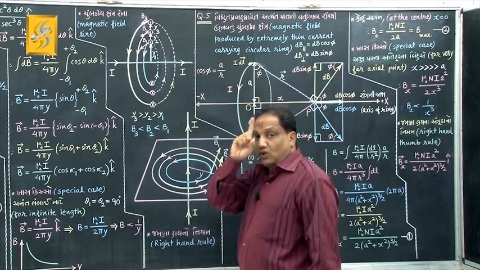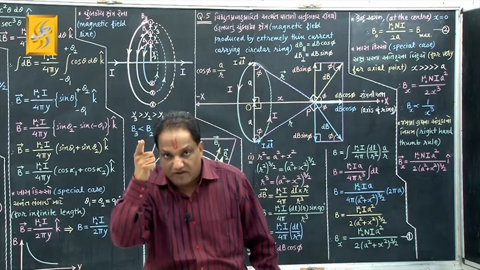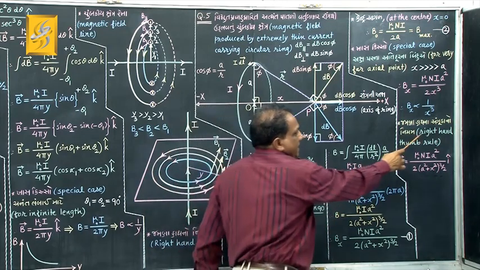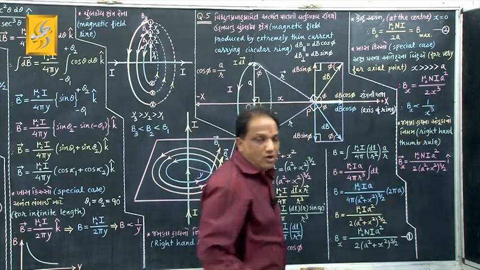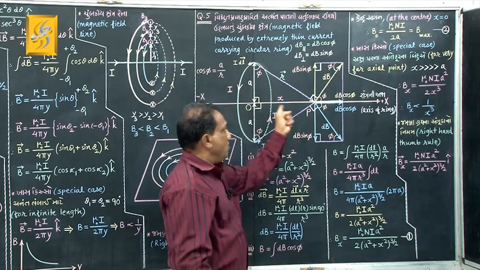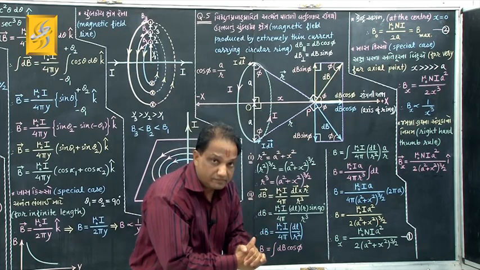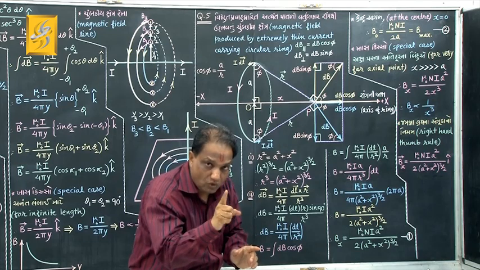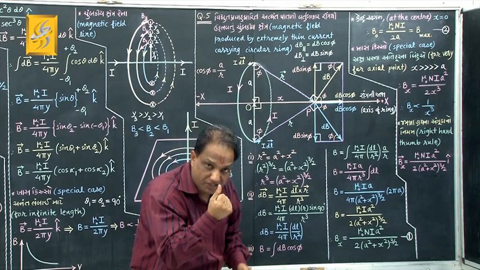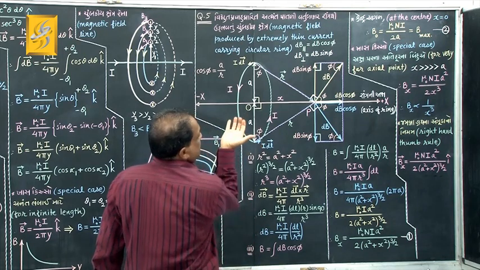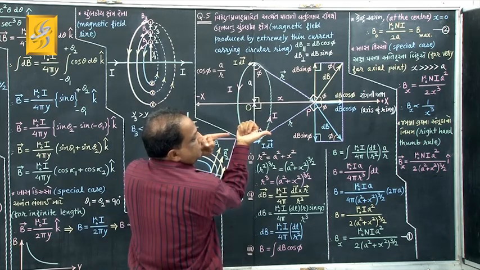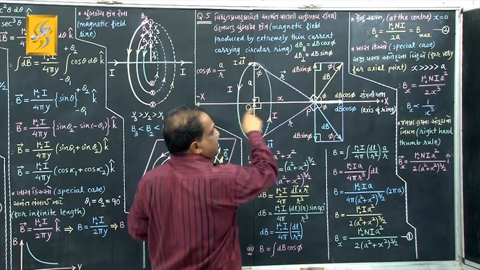There is one specific rule to determine the direction of the magnetic field in such cases. What is that rule? It is called the right hand thumb rule. Hold the axis of the current carrying thin circular ring, don't hold the ring, in the right hand palm such that the fingers take the turn in the direction of current, and then you find out the direction shown by the thumb on the axis.